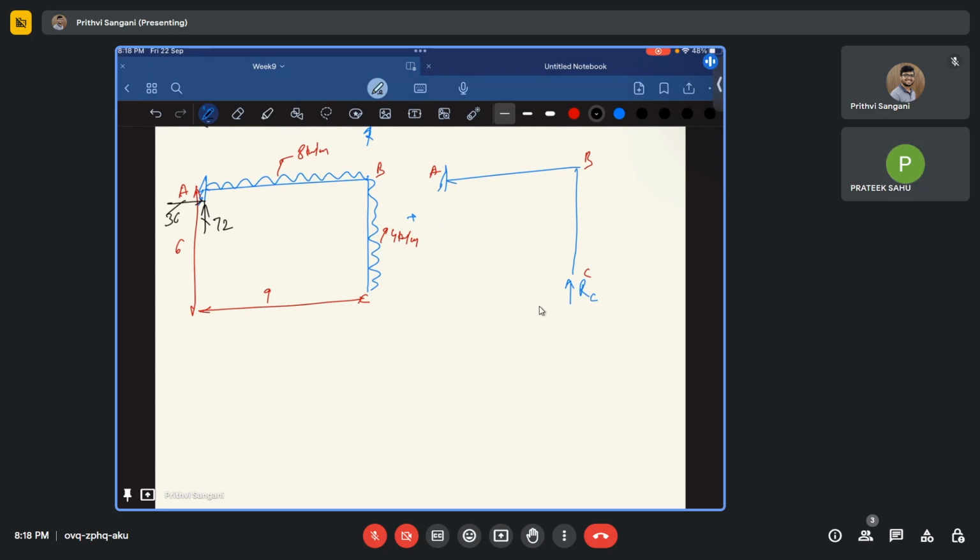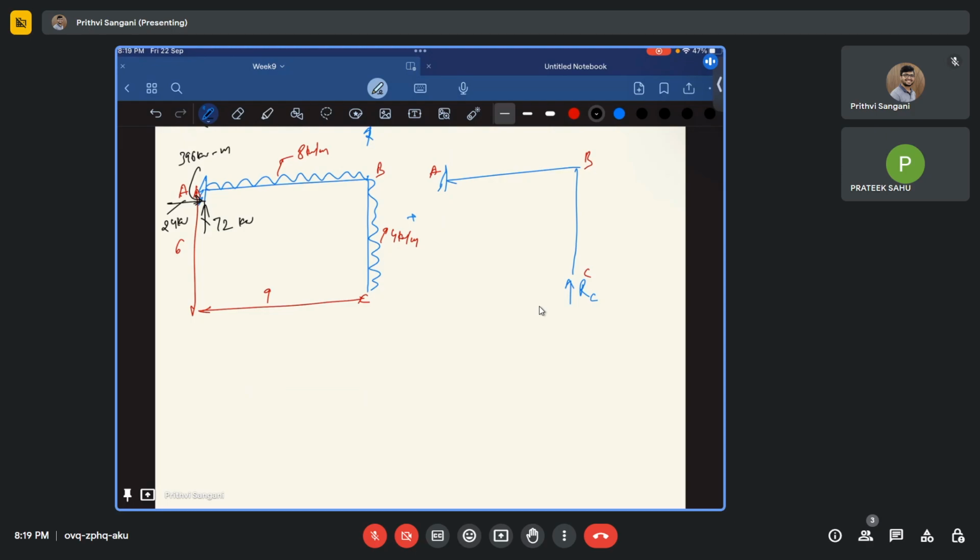Sorry, 4 times 6 is 24 kilonewton. What about the moment? The moment is going to be 4 times 6, that is 24, times 3, that is 72, plus 8 times 9 times 4.5. Put together, this is going to be 396.